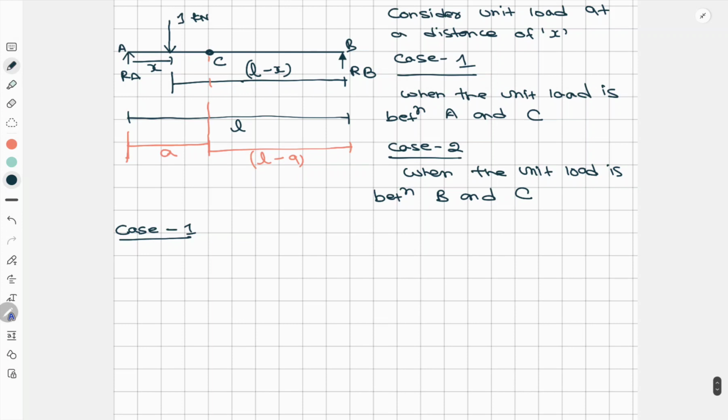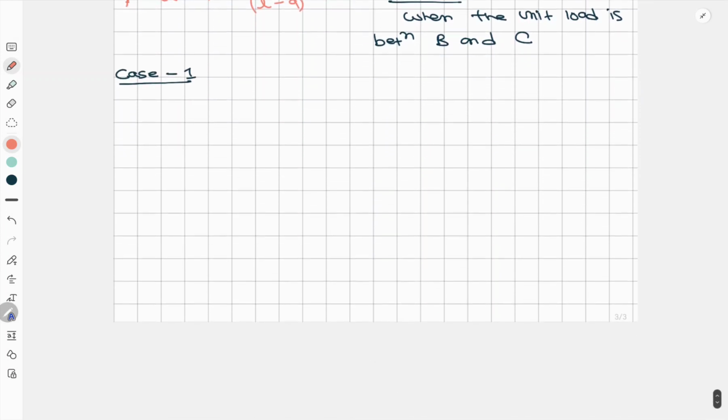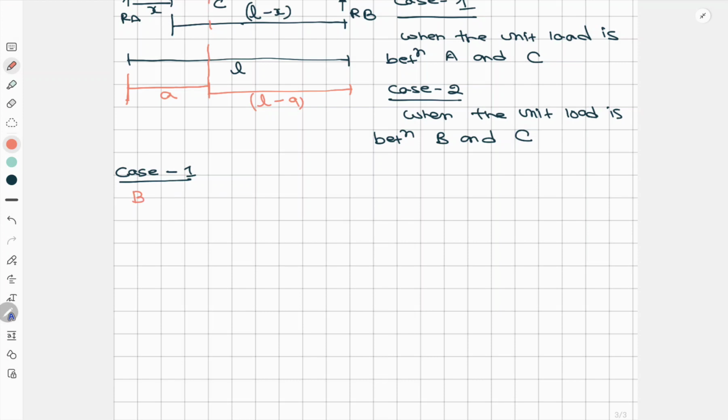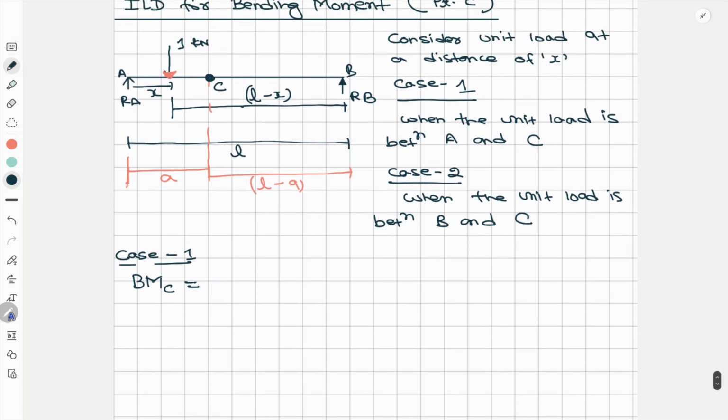Now here, this is the unit load. So this unit load is first acting in between A and C. So here what will happen, the bending moment at C, when this load is acting in between A and C, will be RB into the distance till here.